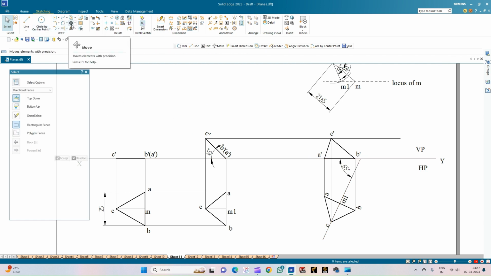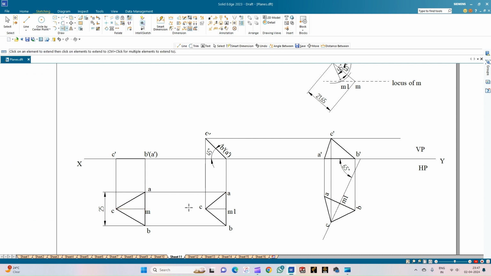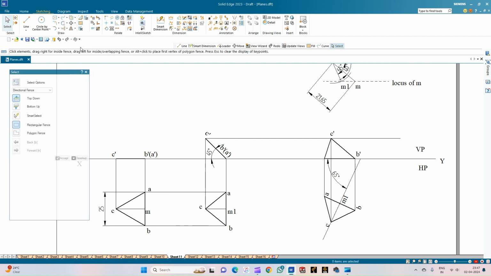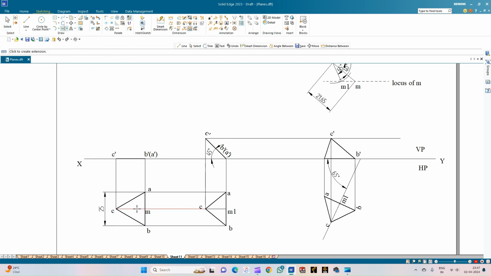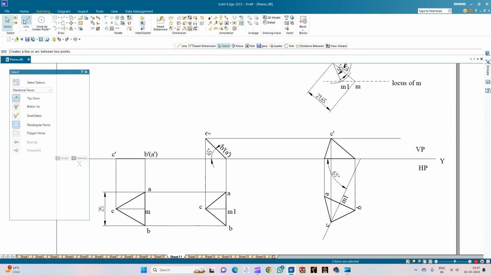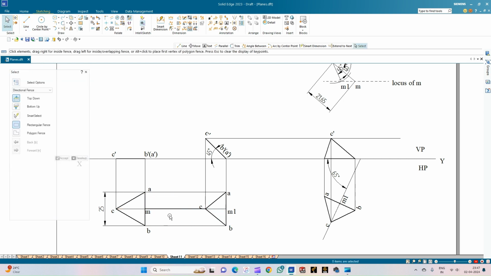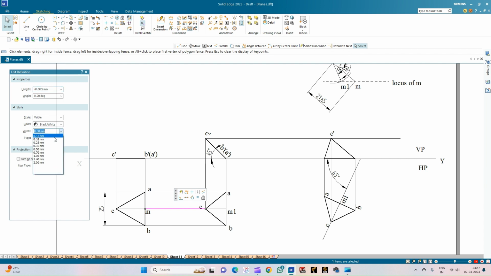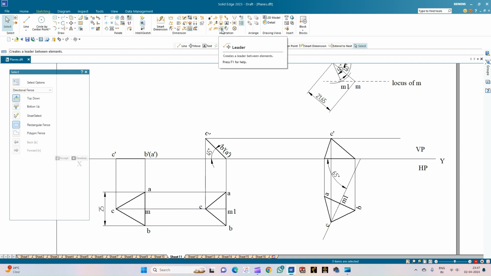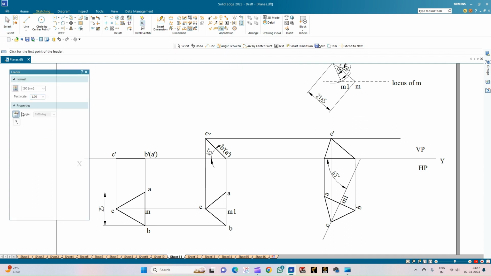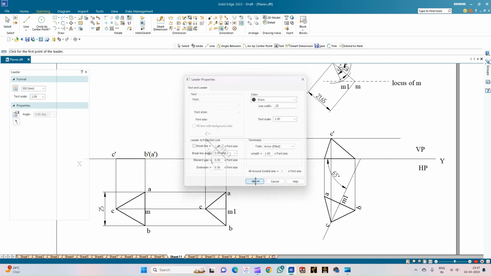So let us just extend these projection lines. Now we'll indicate the direction of the projections by selecting the leader option, properties, change the color to black.